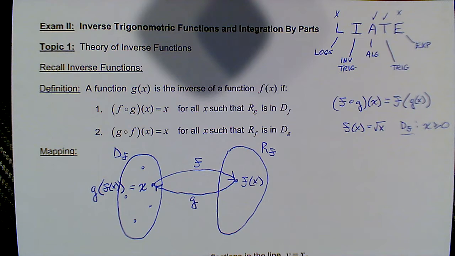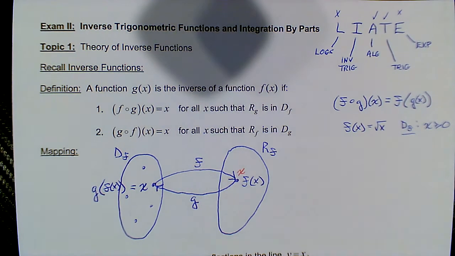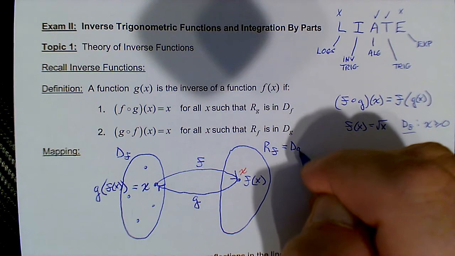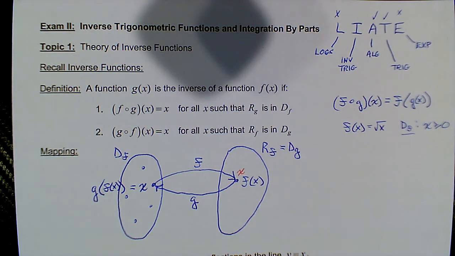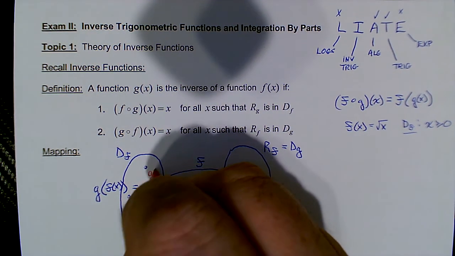And similarly, if you started with an element, let's say over here, we'll call that the domain of g, and we send it first through the function g, we get the element g of x.